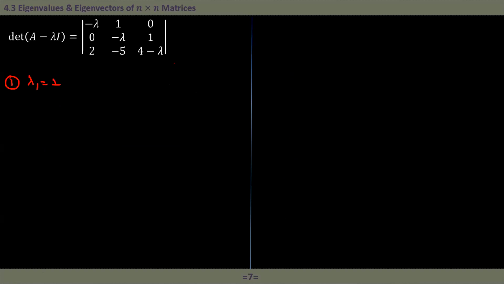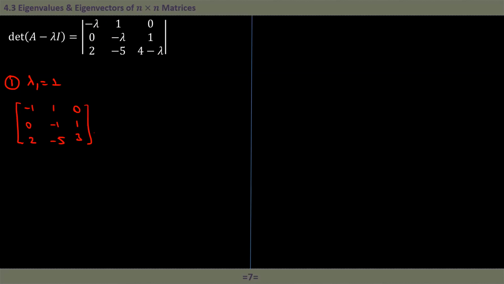So now if we substitute this here, what do we get? Here we have this kind of system. I'm not going to write the zero column here. Here we have negative 1, 1, 0, 0, negative 1, 1, 2, negative 5, 3.